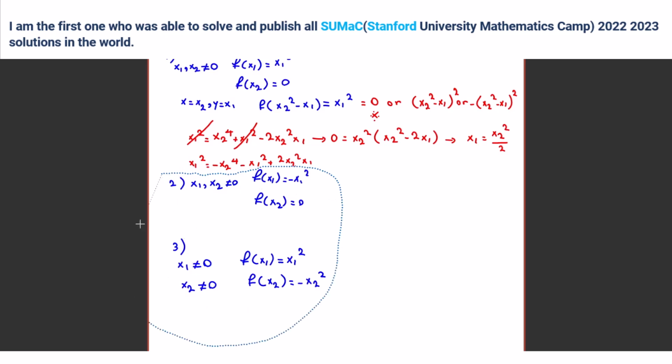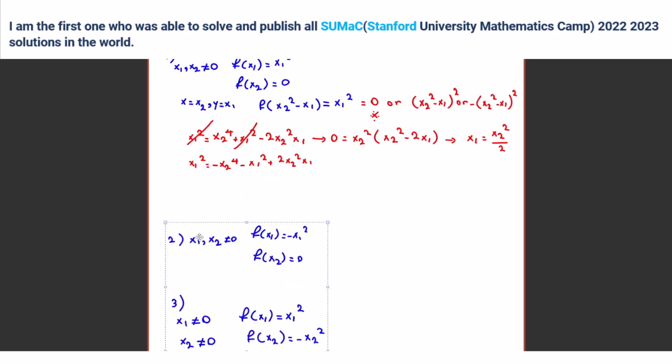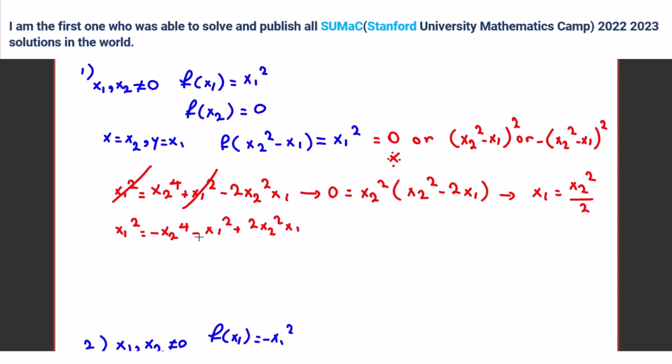From here, what can we conclude? We can say 2x1 squared plus x2 to the 4 minus 2x2 squared x1 is 0, right?